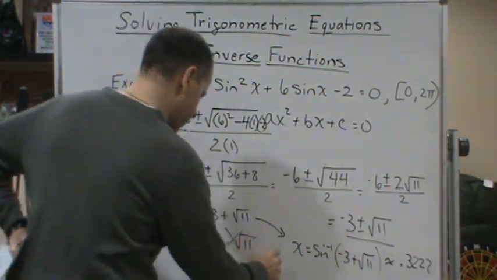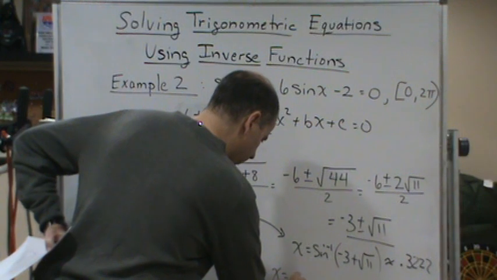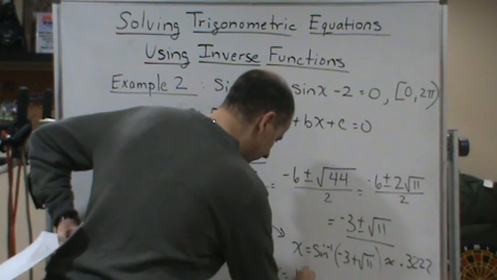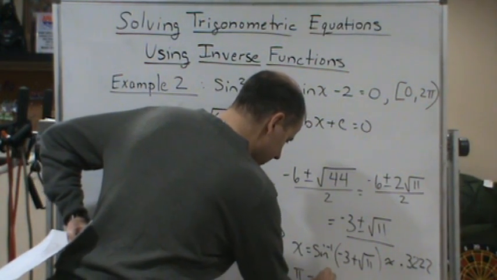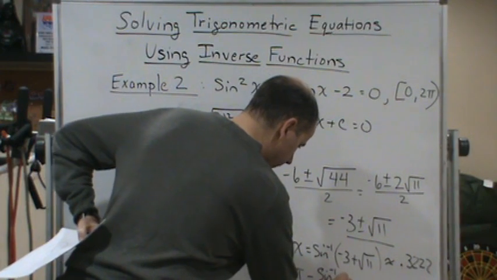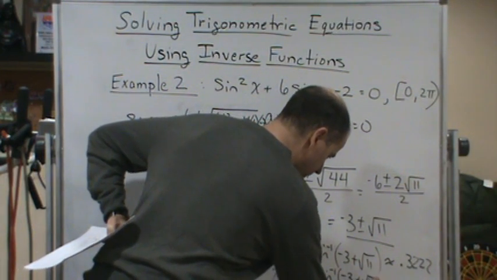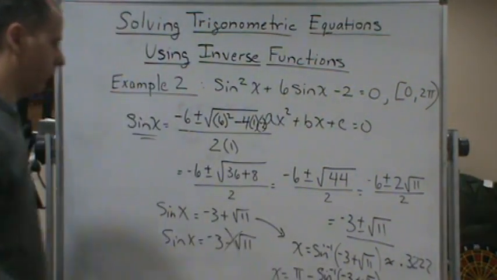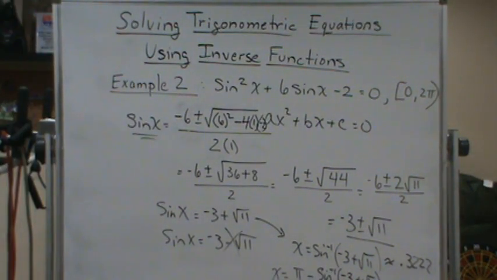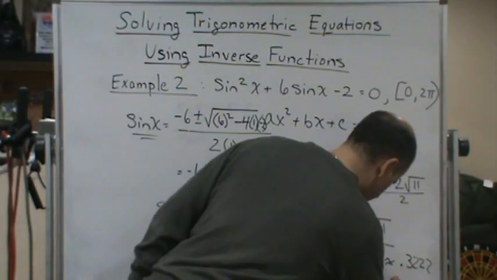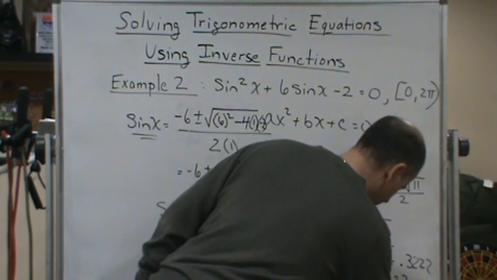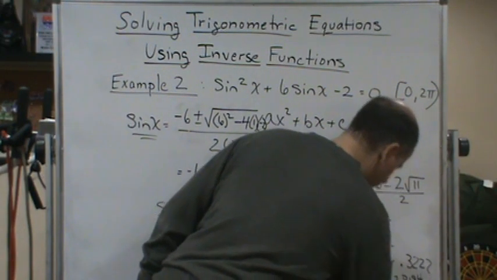So the other solution would be x equals pi minus the inverse sine of negative 3 plus the square root of 11. And you can put that in your calculator too, which is approximately 2.8194.